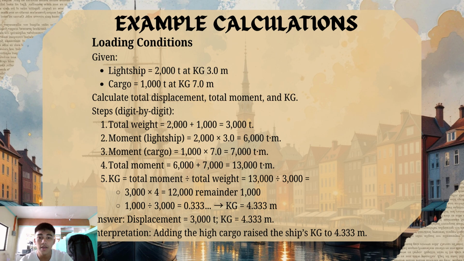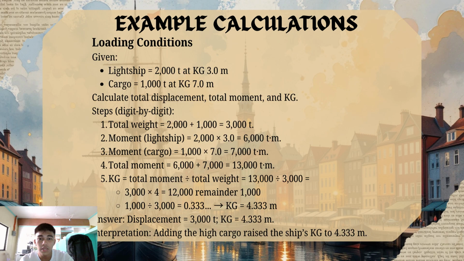So, ito po yung step by step. Sa total weight, ipag-add lang natin yung tons ng lightship and ng cargo. So, 2,000 plus 1,000 is equals to 3,000 tons. To compute the total moment of lightship and cargo, ita-times lang po natin yung tons tsaka meters ng KG po ng lightship and cargo.